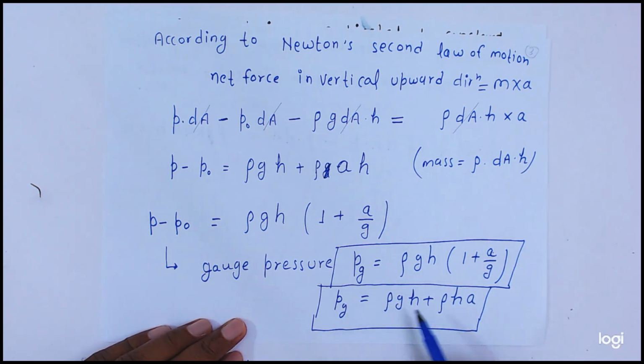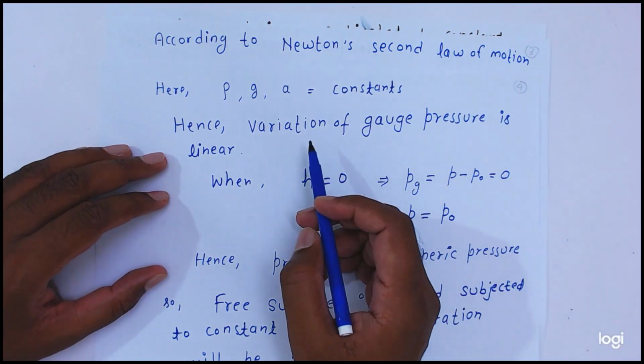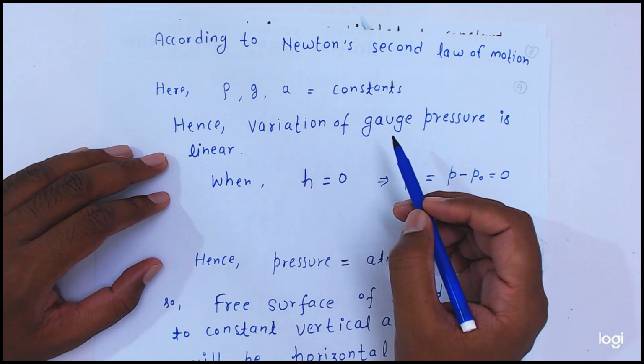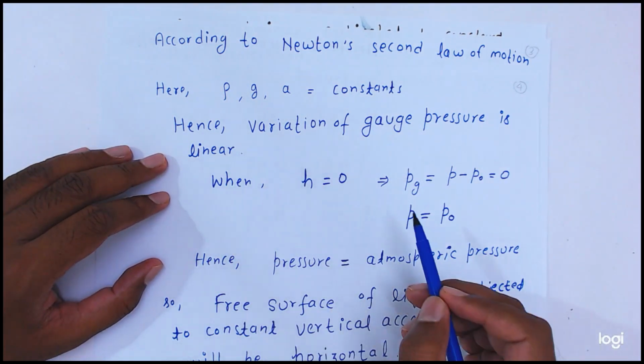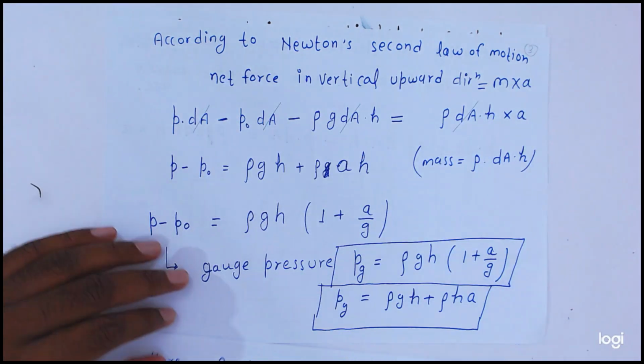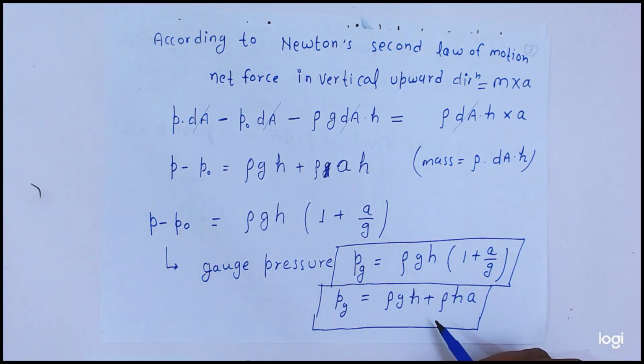This Pg only varies with h. If h is increasing, gauge pressure will also increase. If h is decreasing, this value will also decrease. Hence, since rho g is constant, the variation of gauge pressure is linear, because there is no square sign here.